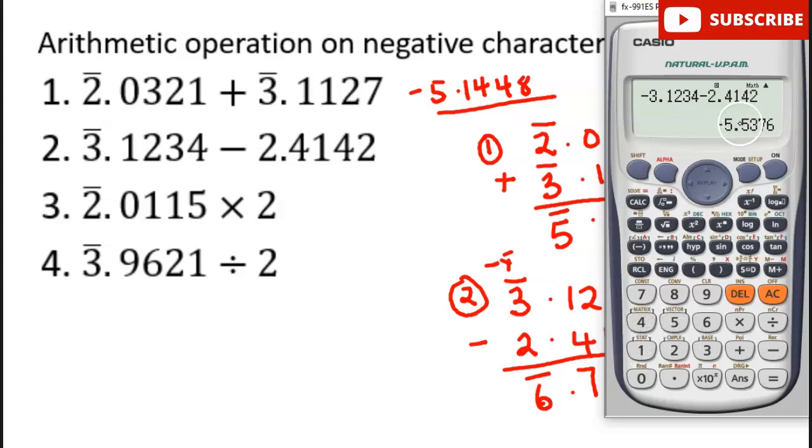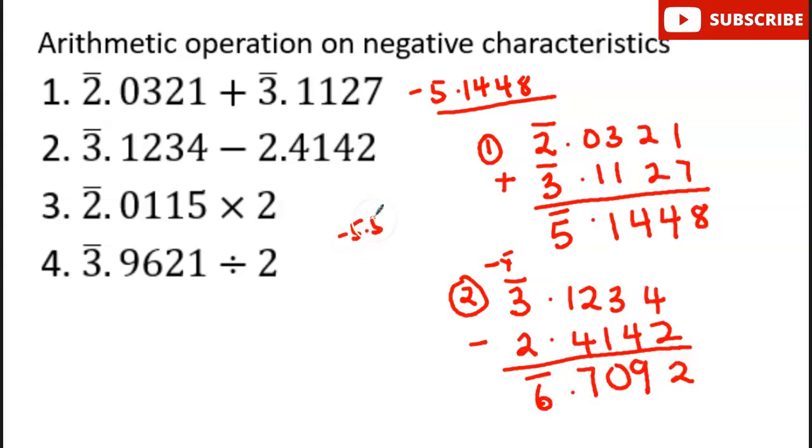The calculator answer is minus 5.5376. This is what we had from the calculator. So when we did it manually, this is the correct answer. That's why we are asking students not to use the calculator when it comes to negative characteristic. You do it manually like this.